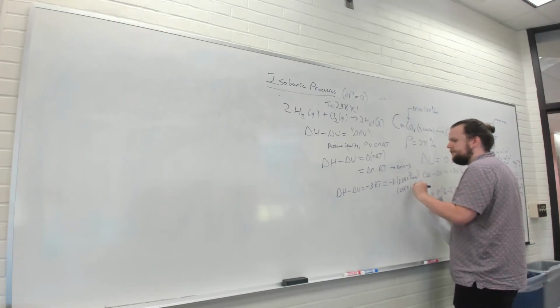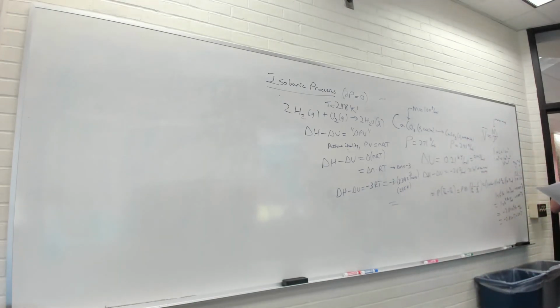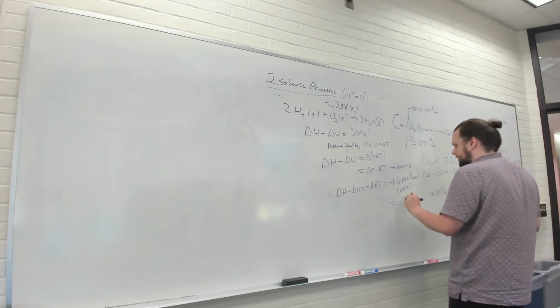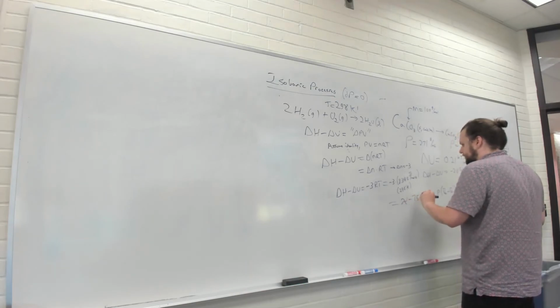Someone want to calculate this for me real quick? Got negative 7.43 times 10 to the third. Yeah, so this is roughly minus 7.5 kilojoules per mole.